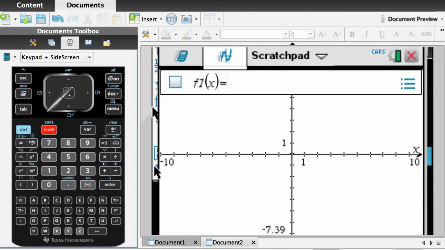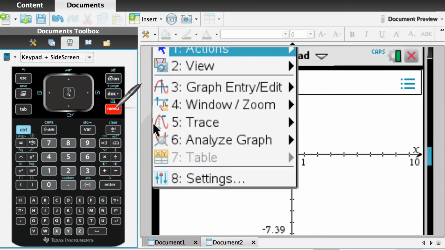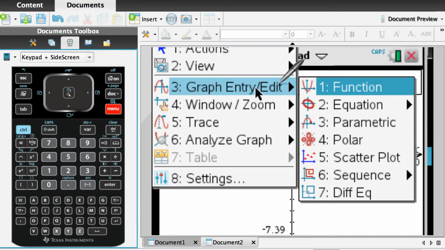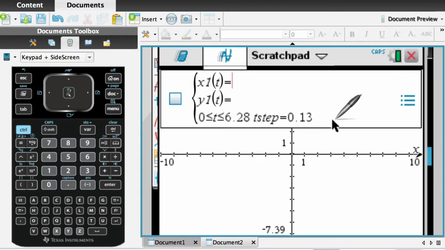So we're here with our calculator, and the first thing we want to do if we want to simulate the bat hitting the ball over the fence is change our calculator mode. So we're going to hit menu, go to our graph, and go to, excuse me, not radian, but parametric mode. And we are going to type in our equations that we came up with.